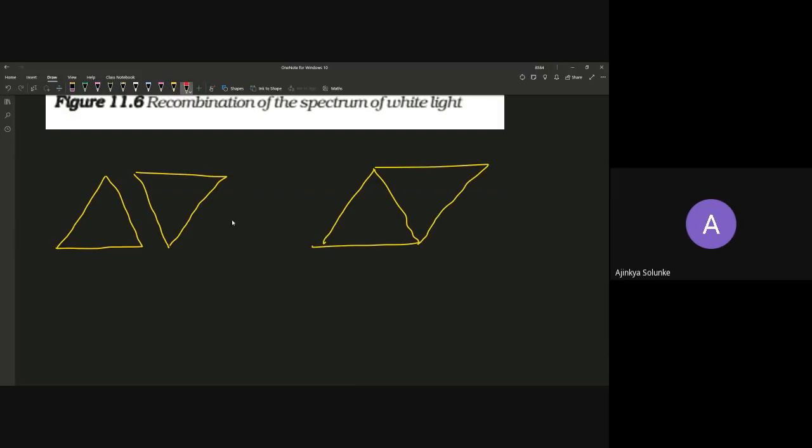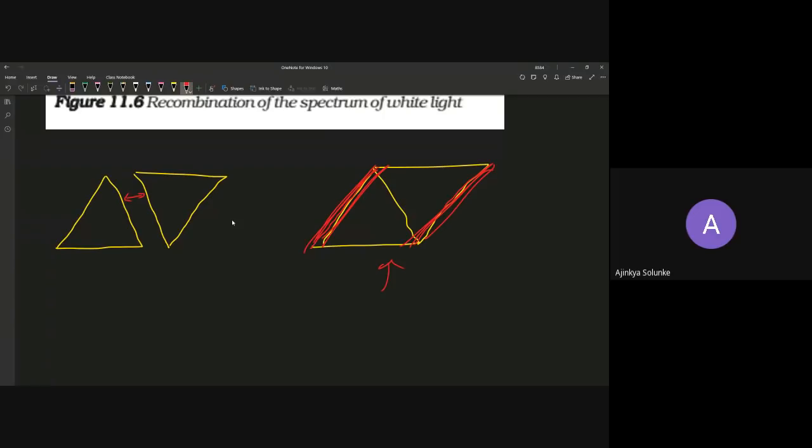Can you tell me what this diagram looks like exactly? If I combine both of them, what does it look like? Do you think these are parallel surfaces? Looks like it, right? Parallel lines.